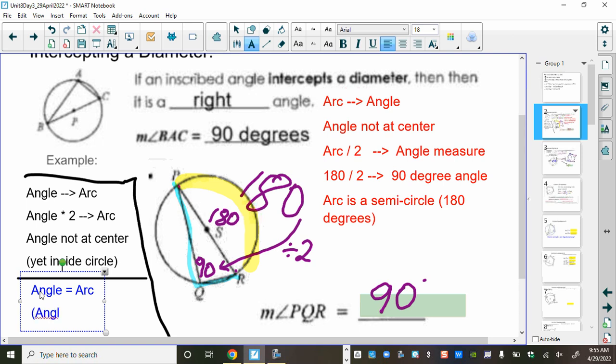Angle is at center. Angle's at center. All right, questions.